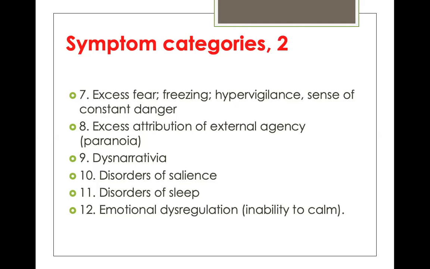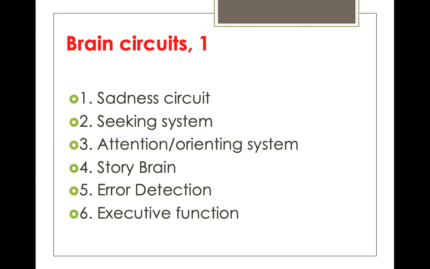Tenth, disorders of salience. People can't figure out what matters, what's important. Everything seems equally important. Eleventh, we have disorders of sleep. Twelfth, we have emotional dysregulation. So the inability to self-soothe or to calm oneself.